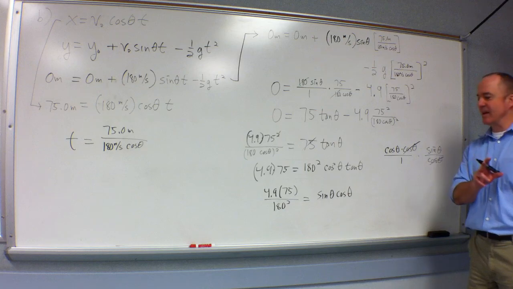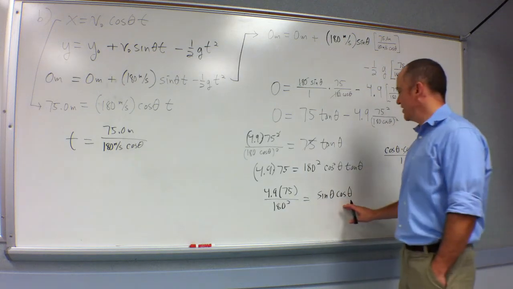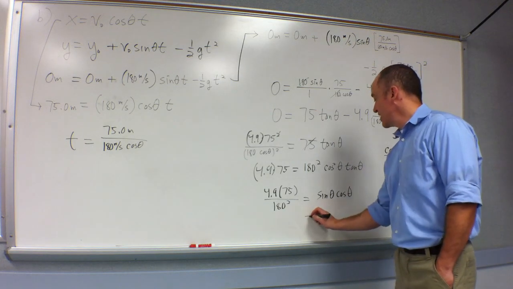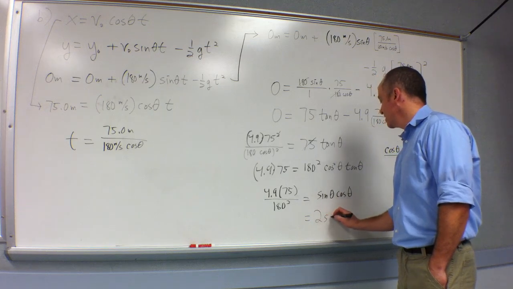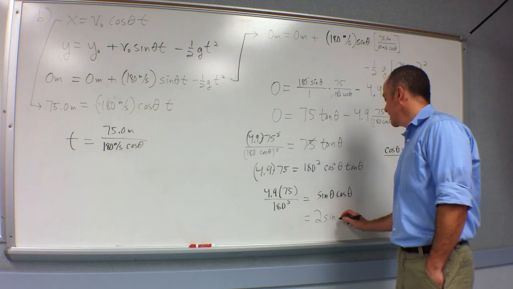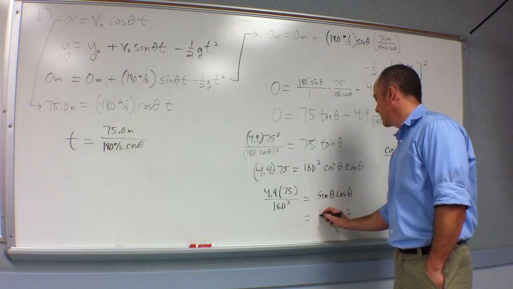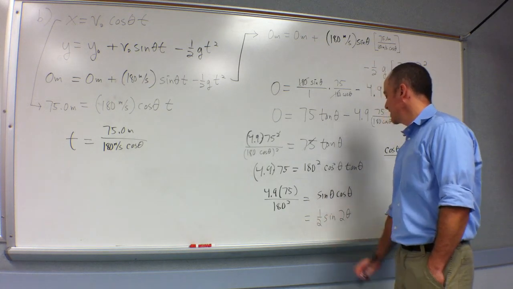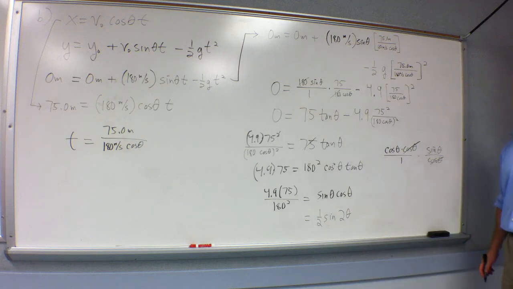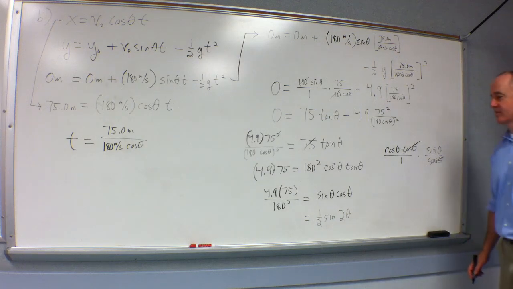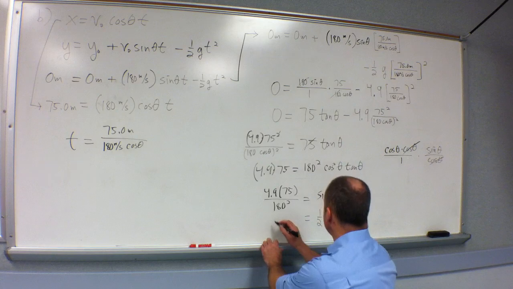You guys may not have learned yet that sine theta cosine theta is the same thing as 1/2 sine 2 theta. Double angle identities? Yes. Okay. Diego or Vishal, have you seen that before anywhere?